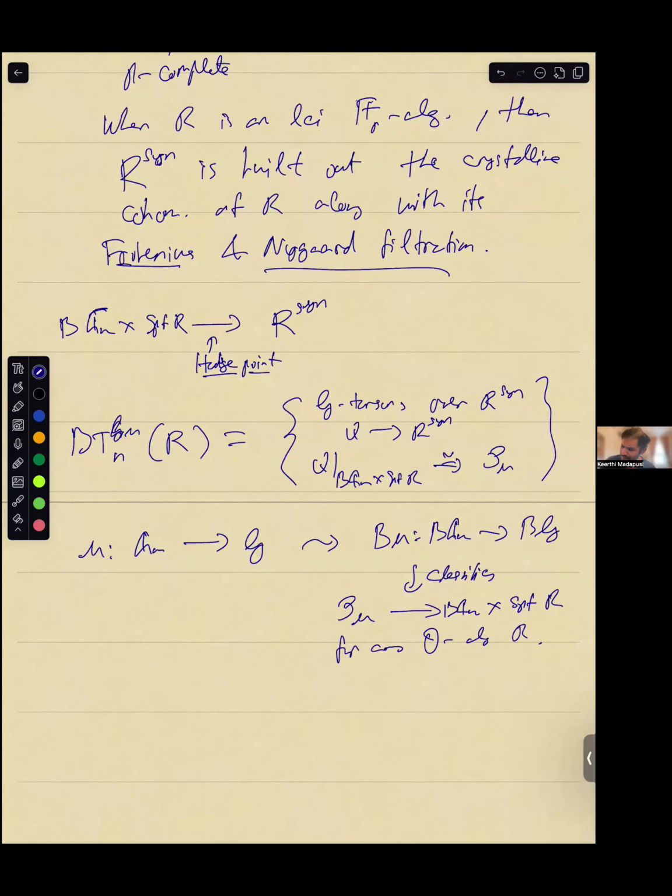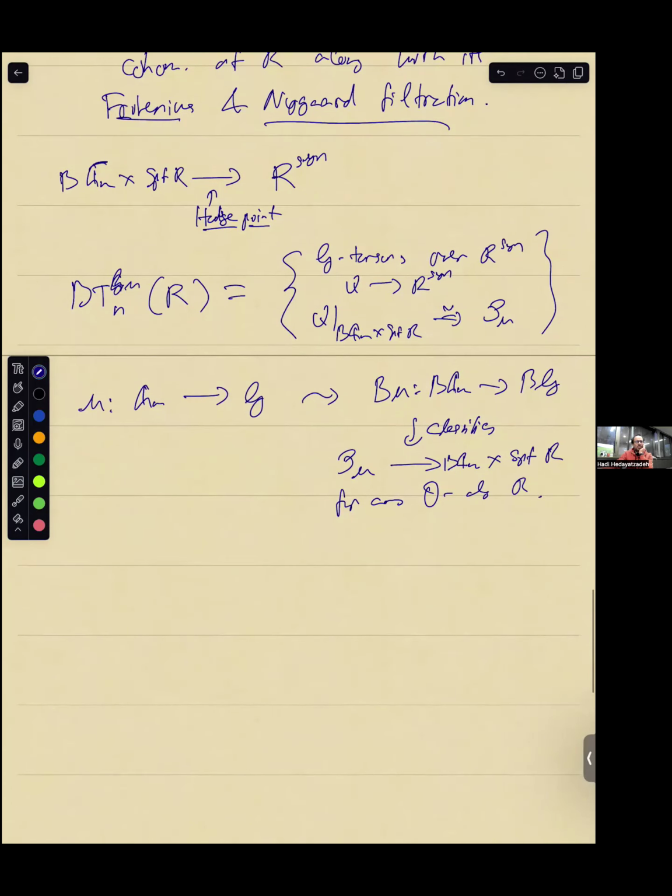So you take the stack, which is a stack over, let's say, O or Z_p, and then you mod out by p^n. This is now a mod p^n stack, and you take G-torsors over there, and that's this thing.